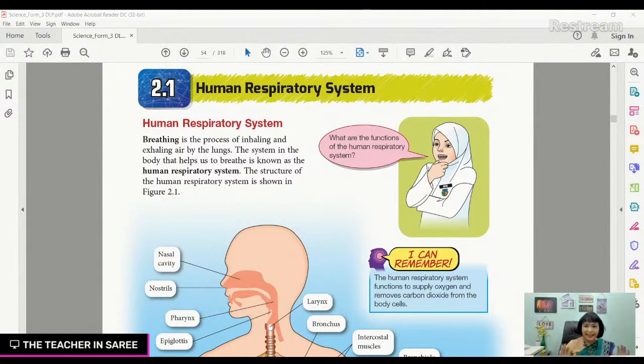All right, we don't inhale oxygen and we don't exhale carbon dioxide. We inhale air, which has a higher percentage of oxygen and lower percentage of carbon dioxide. So we exhale also air, which has a lower percentage of oxygen compared to the one that came in, and a higher percentage of carbon dioxide compared to the air that we inhaled in. So that is the best way to put this.